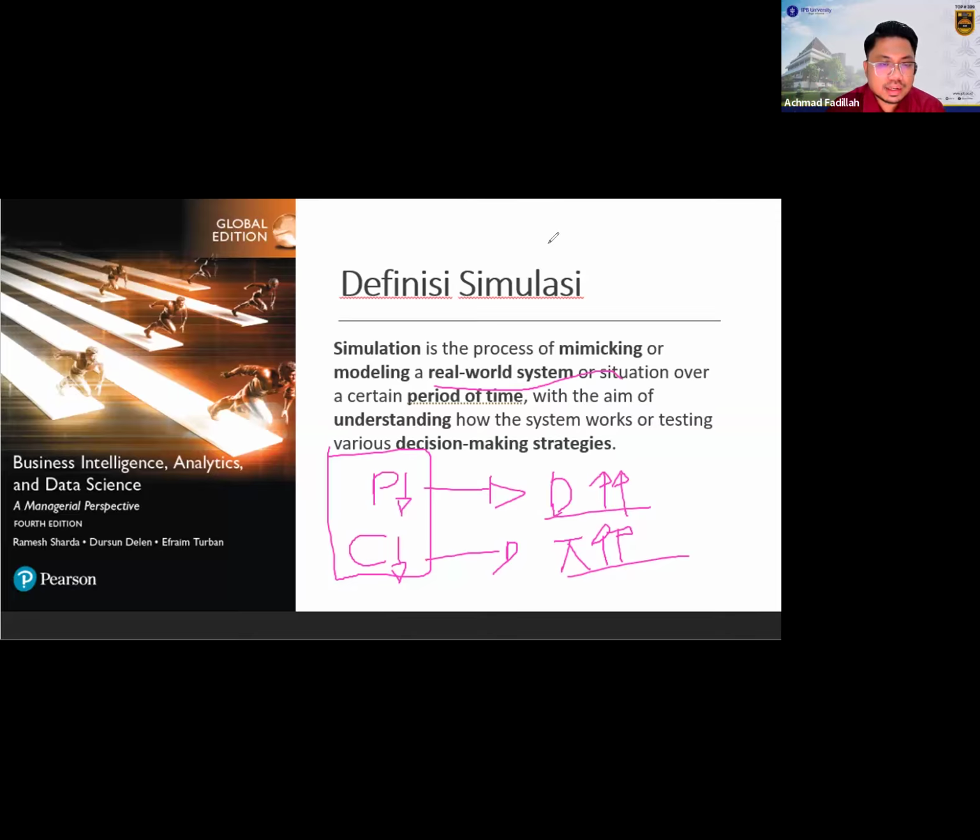And even as a businessman, it's very useful in real world business situations. It's very important for you to understand these tools, to see how effective the decision making strategies are that you implement in your business. Okay, I hope you can understand this term about simulation first.